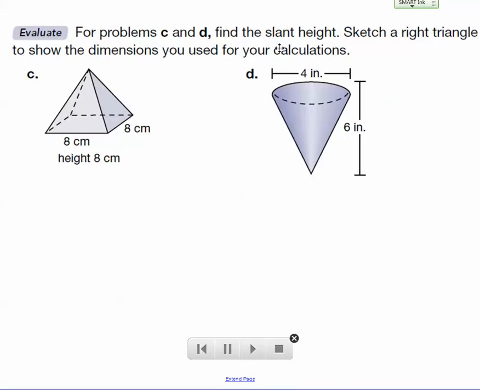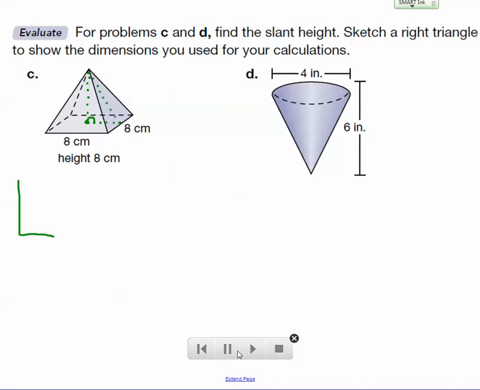So in these problems, we're going to find the slant height, and to do so, we're going to sketch a right triangle to show the dimensions that we're using for our calculation. So on example C here, there's our height, and we're going to make a right triangle out of that so that we can find the slant height, which comes right down there.